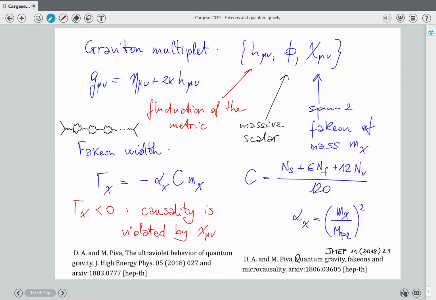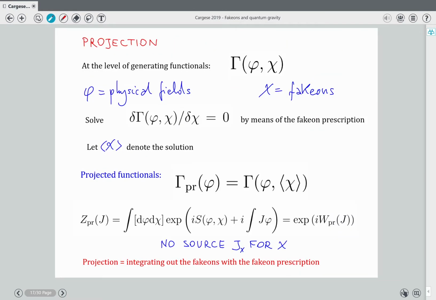But this was just to show you that you can make computations, because some people ask me if I can do computations with this theory. And yes, normally there are string theorists who do not believe that you can make computations, maybe, but you can. The projection of these unphysical fields, which are not unphysical, they are fake physical fields, out of the spectrum, is actually a very simple operation.